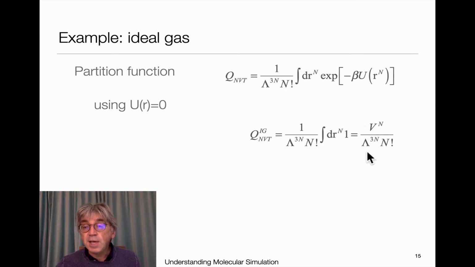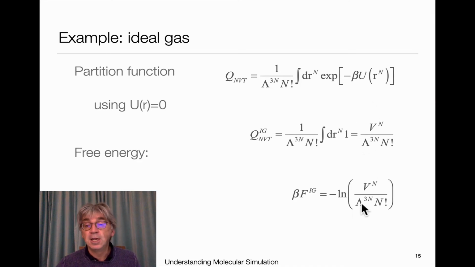So here we have the partition function of an ideal gas, and if we know the partition function of the ideal gas, we can calculate the free energy of the ideal gas, and from proper derivatives we can compute all kinds of properties of the ideal gas. So here you see how we can define the free energy of an ideal gas, and that is just taking the logarithm of this function here.